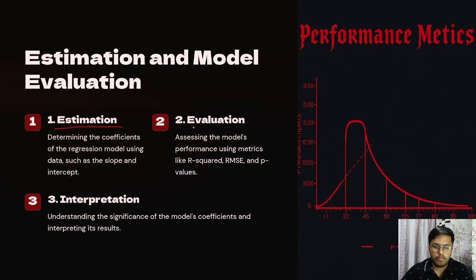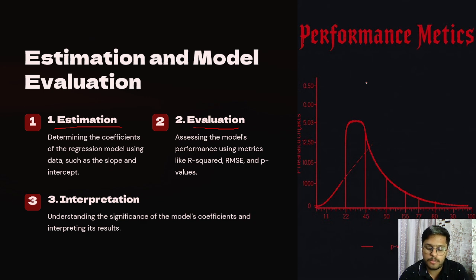Now, model evolution. Model evolution refers to the continuous improvement and updating of a model over time. This is important because real-world data can change and models may need to adapt to new patterns or conditions. Key aspects of model evolution are retraining, in which models are periodically retrained with new data to reflect recent trends and patterns.